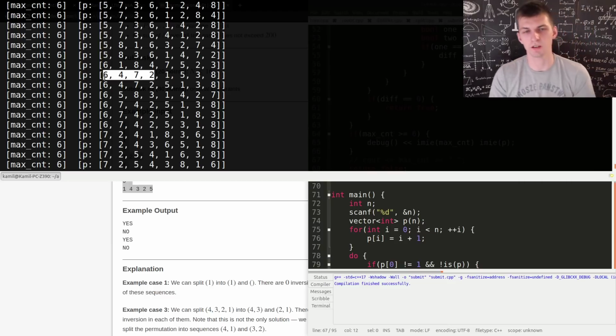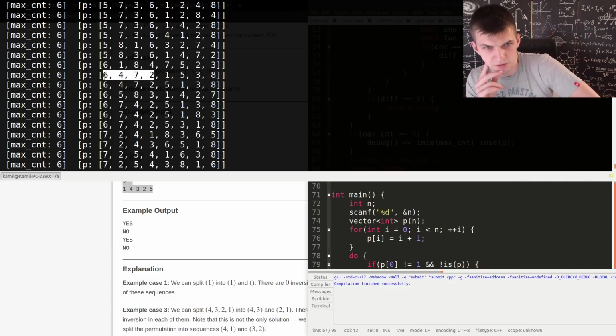For this, it's impossible, even though the permutation seems quite random.